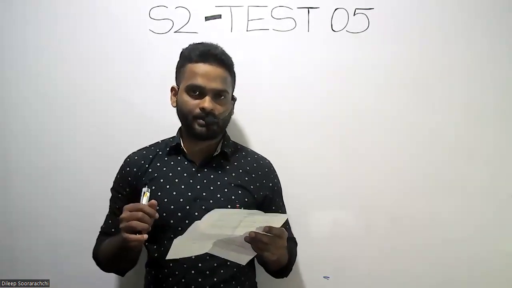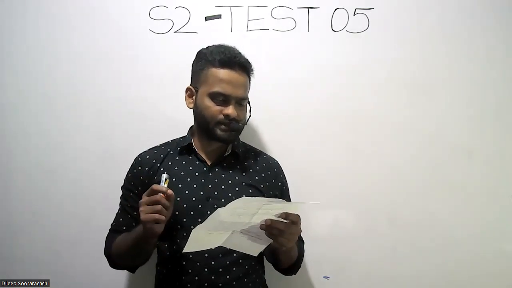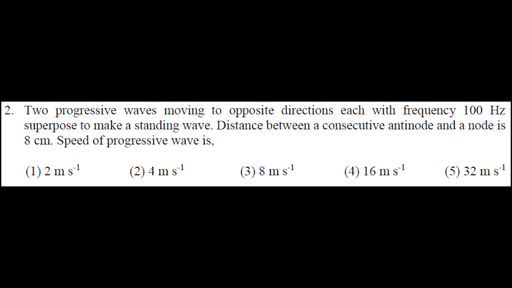The second question. Two progressive waves move in opposite directions, each with frequency 100 Hz, superpose to make a standing wave. Distance between consecutive antinode and a node is 8 cm. Speed of the progressive wave is.